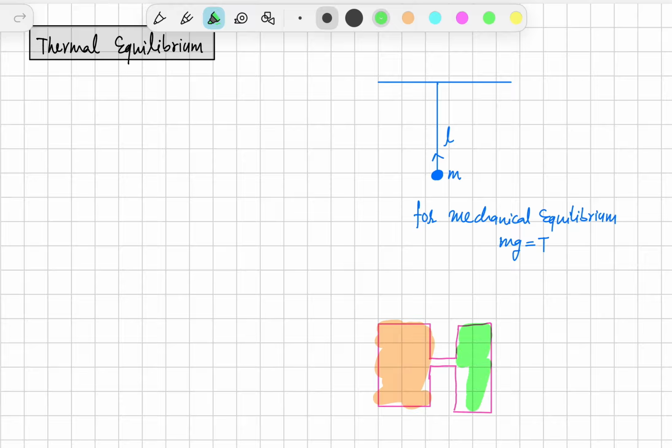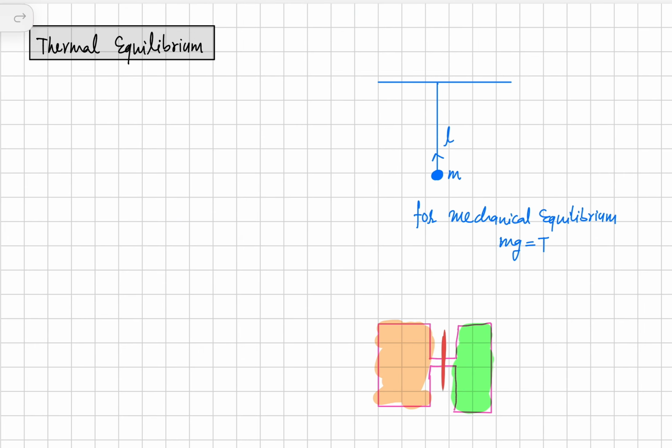What do you mean by gas? There are gas particles, and in between the two containers, I have put a small holder like this, right? So you can see that particles of this gas will go from here to there, and particles from the other system will also come along this direction.